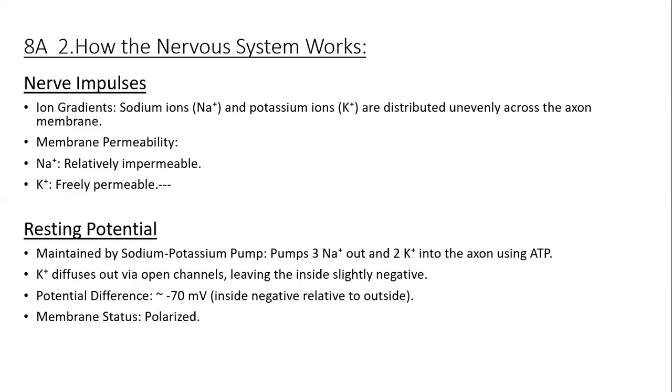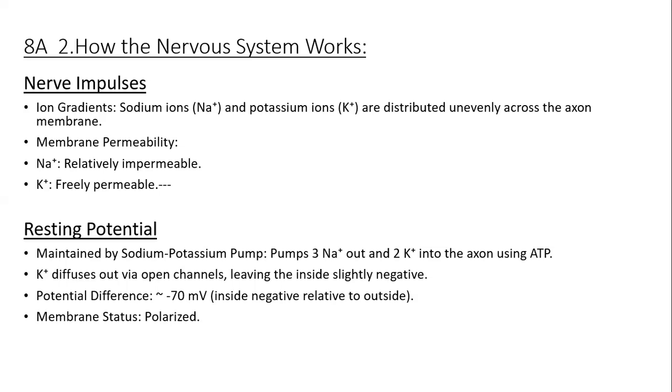Right, we have stopped here. The 3 sodium ions are going out and 2 potassium ions are coming in. So you get the inside of the axon more negative. Why is it more negative inside the axon? More sodium is going to go out, which means more positive charge is going out.